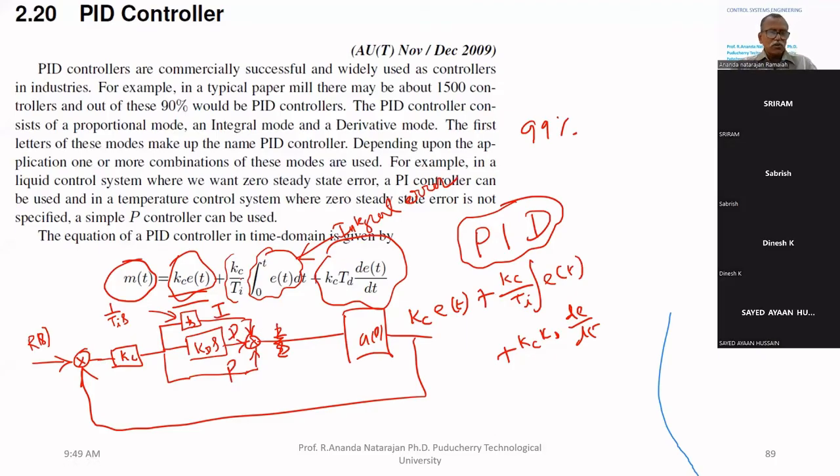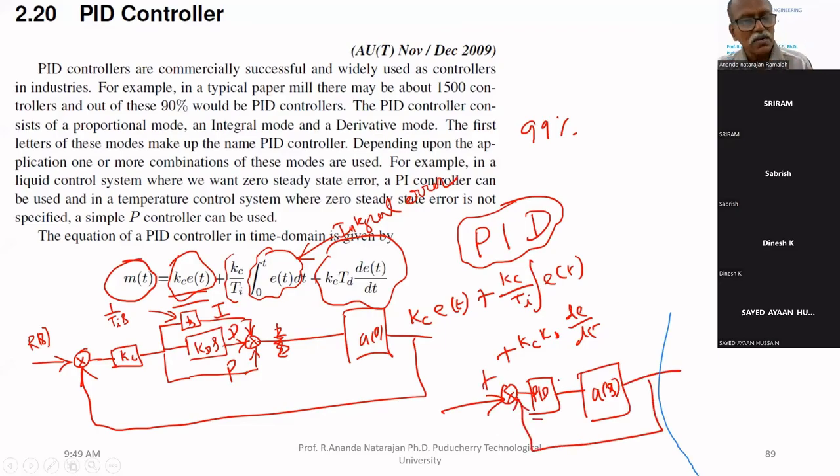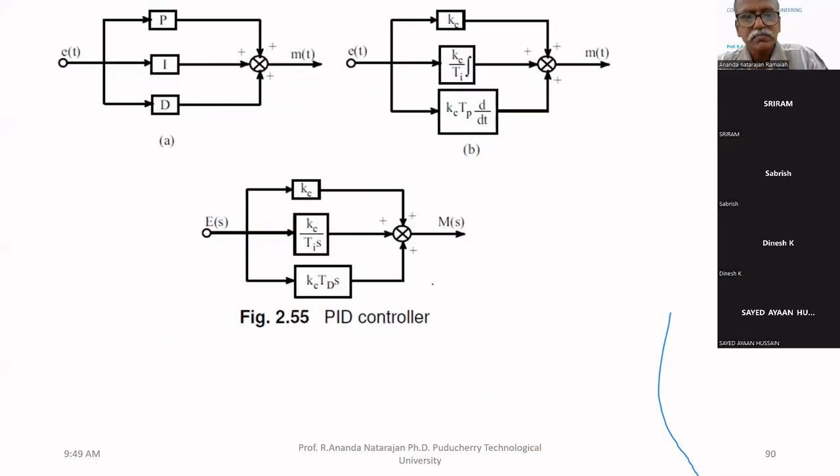But we won't draw it like this. Simply, we'll draw it like this. For a PID controller, simply we put PID control. We won't draw the three paths. It is understood that all three compensations are included in a single block. Then we put G of S. Most of the industrial controllers are PID controllers only.